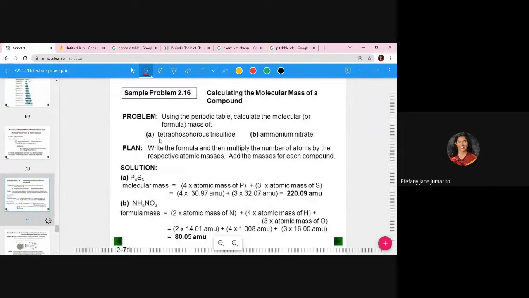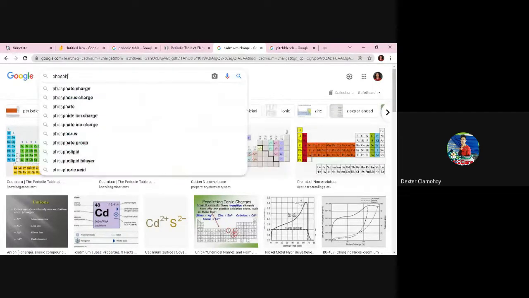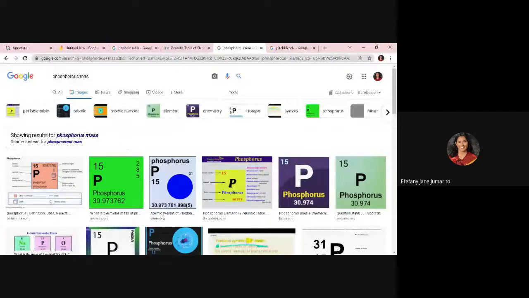When we say this one, tetraphosphorus trisulfide, so tetra, phosphorus, tetra. So 4. S, tri. P4S3. Alright. So when we get the formula or molecular mass, so we have 4 times phosphorus, 30.97.